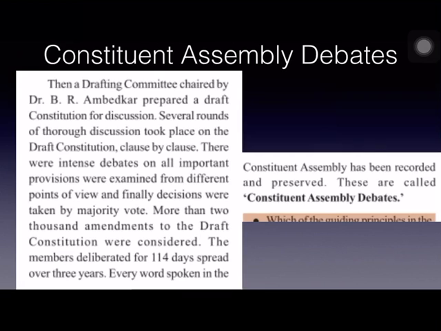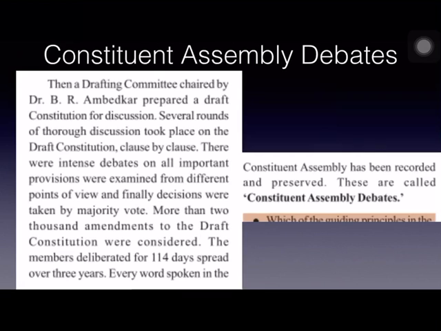More than 2,000 amendments to the draft constitution were considered. The draft constitution was made available to the public for a period of 8 months. In these 8 months, the people were asked to give their suggestions or any amendments to the Constitution.